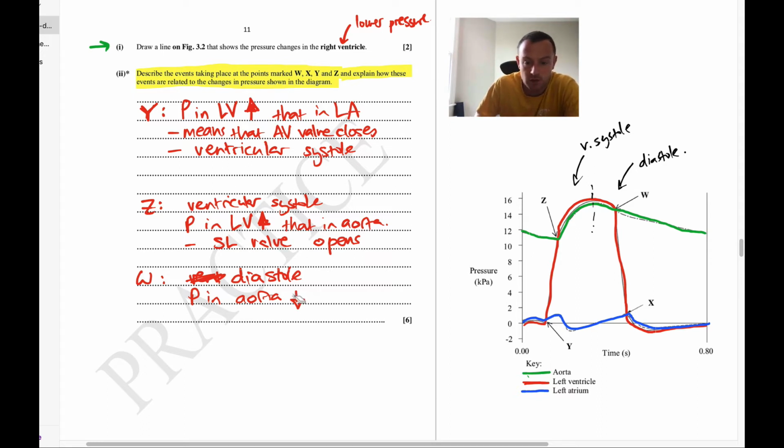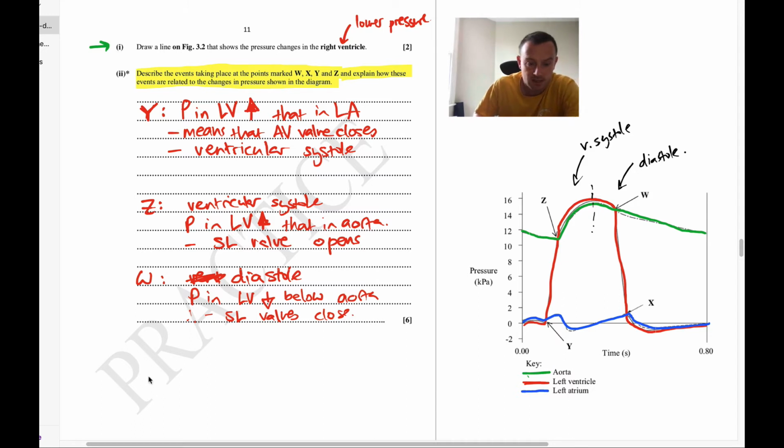Pressure in aorta, the other way around. Pressure in left ventricle falls below aorta. This means, therefore, the semilunar valves close.